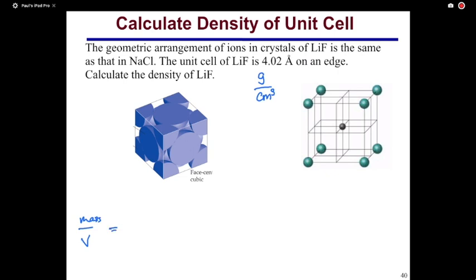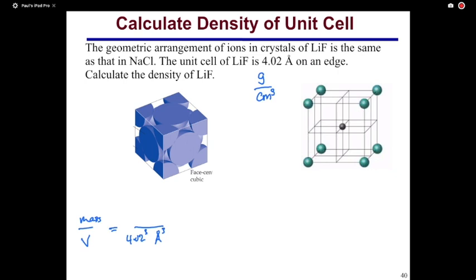Okay? Volume is this. We have an edge. How do you get a volume from an edge? You cube it. And if you cube the number, you've got to cube the distance. Oh. All right. What else do we know? Go back to sodium chloride. How many sodiums and how many chlorides were inside when we counted that up?